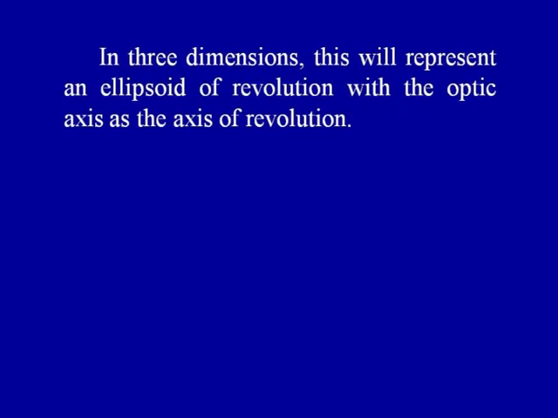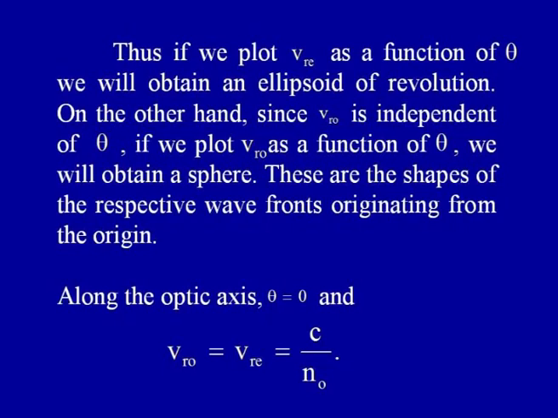In 3 dimensions, this will represent an ellipsoid of revolution with the optic axis as the axis of revolution. Remember, the optic axis is the symmetry axis. Thus, if we plot V_E as a function of θ, we will obtain an ellipsoid of revolution because the velocity is different in different directions.